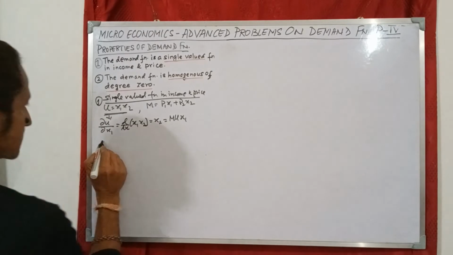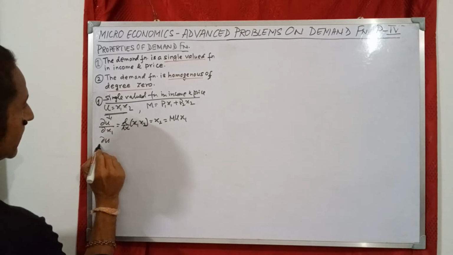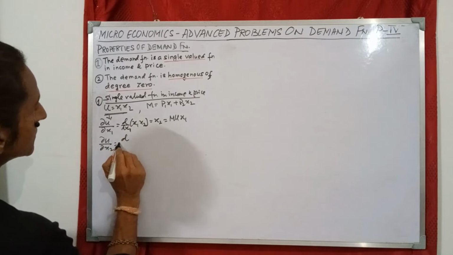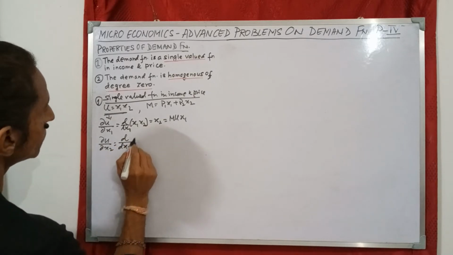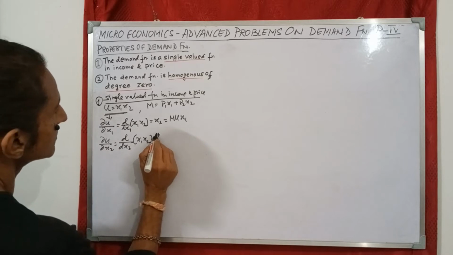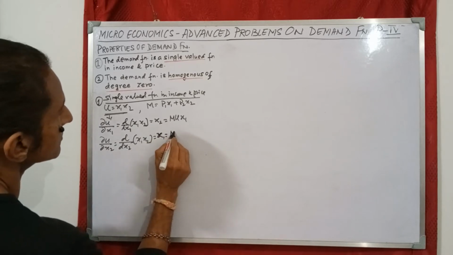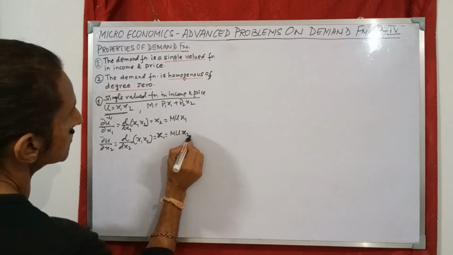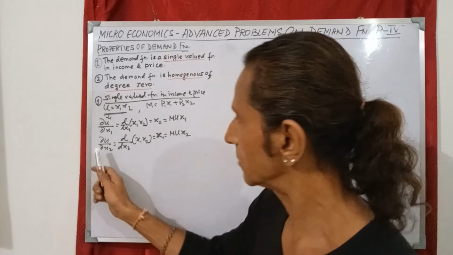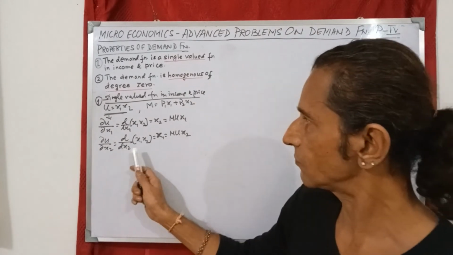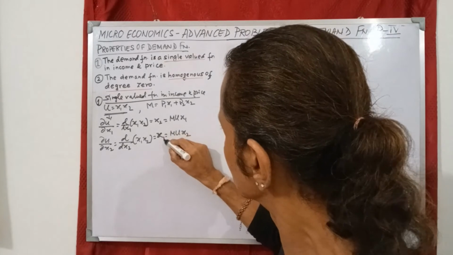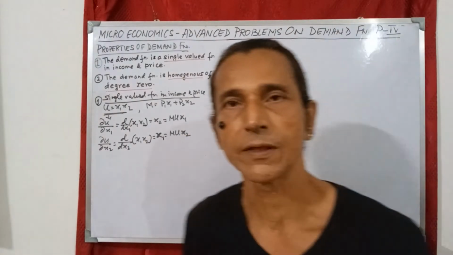Similarly, del u by del x2 equals d by dx2 of x1 x2, which is equal to x1, which is the marginal utility of x2.